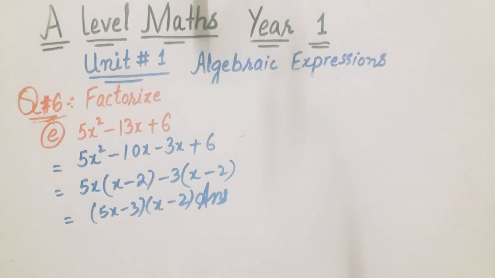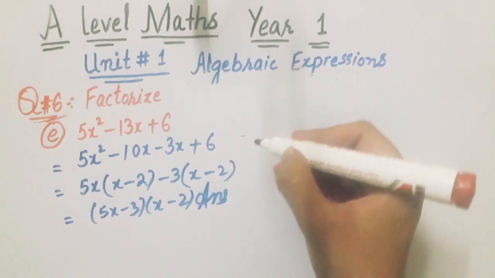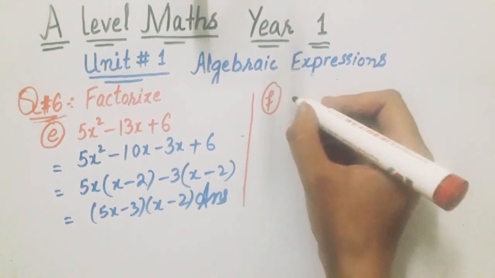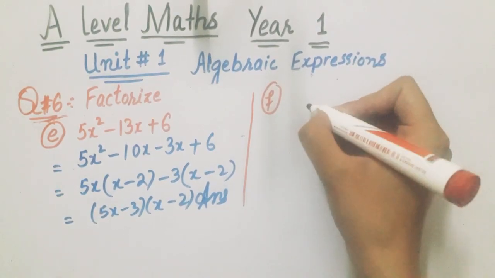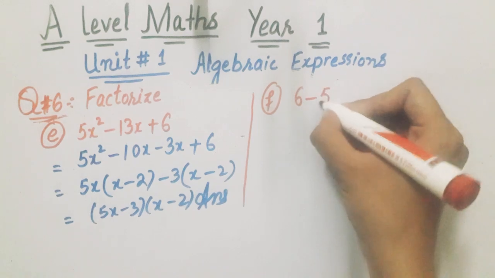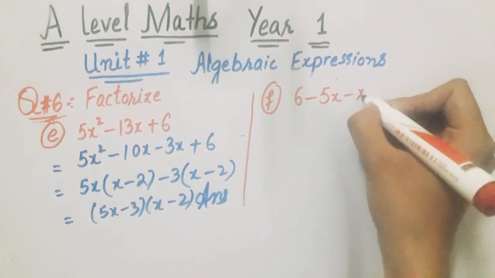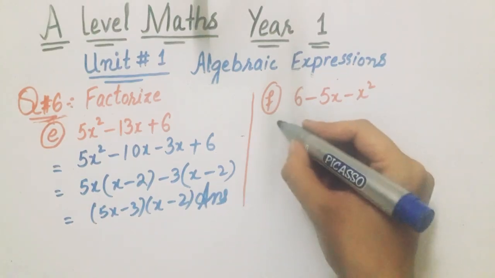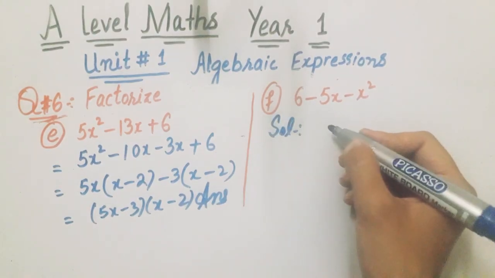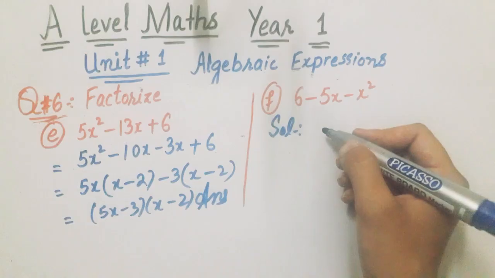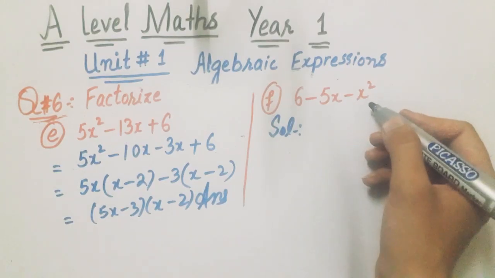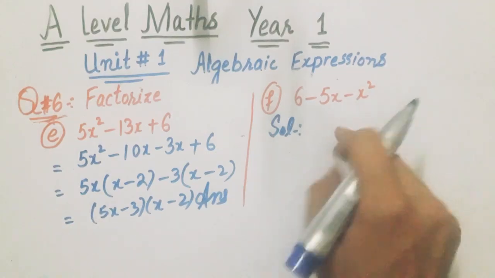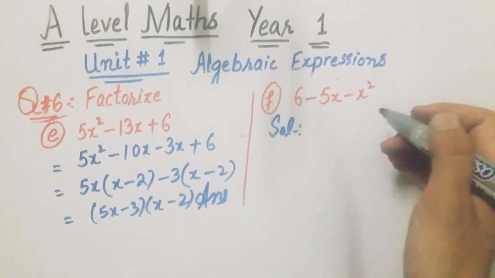Now we will solve the F part. That is 6 minus 5x minus x square. So we will solve this as, you have to make the factors of 6 which when subtracted give 1.